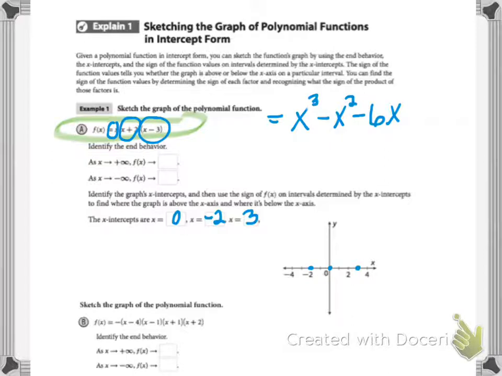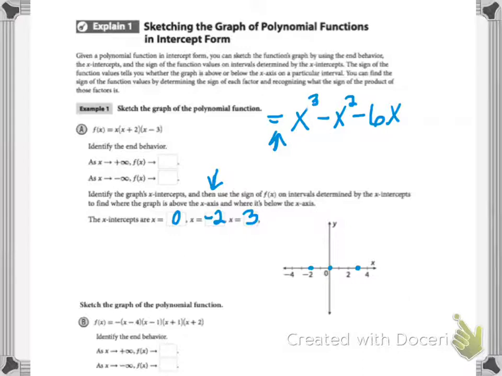When I think about what this graph would look like in terms of the end behavior, I know that because this is a cubic function and there's no negative out in front to say it's reflecting, the ends are going to behave like this. On the right-hand side it's going to face up, and on the left-hand side it's going to face downward. So going to the left, the graph has to continue down forever, and on the right it has to continue up forever.